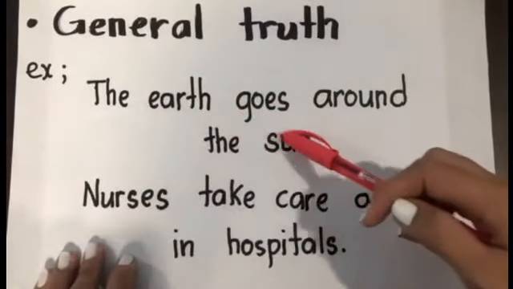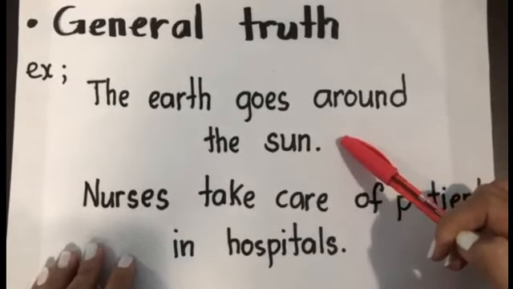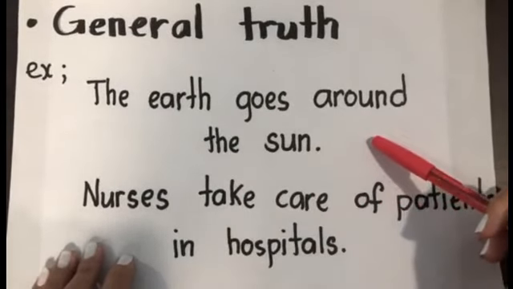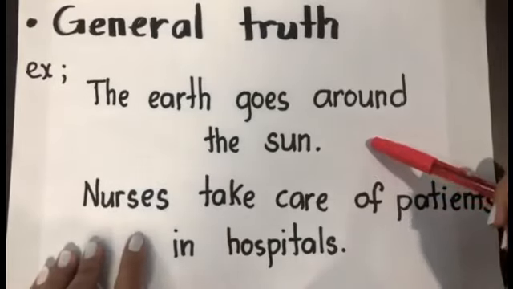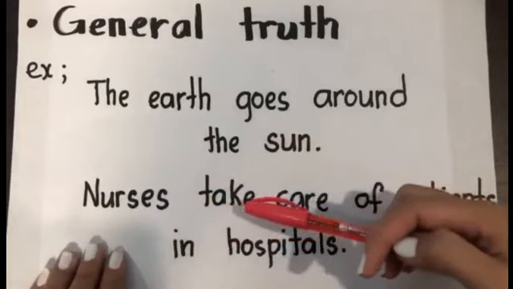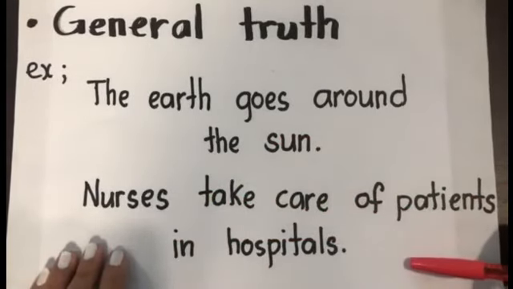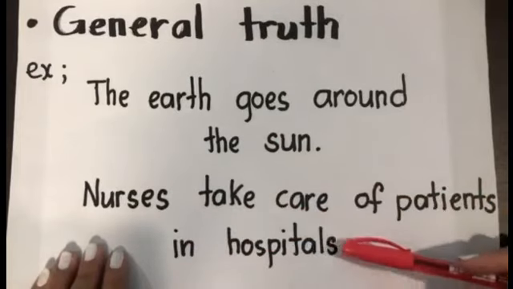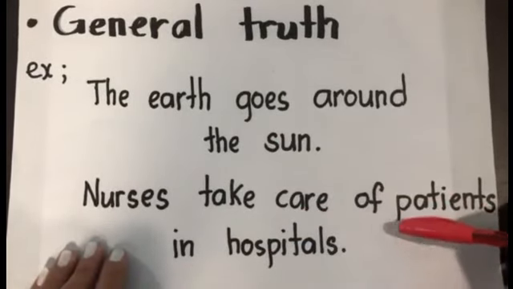The earth goes around the sun. We all know this in science, right? That's for fact. Next, nurses take care of patients in hospitals. That's the work of nurses, to take care of patients in hospitals, even at home.